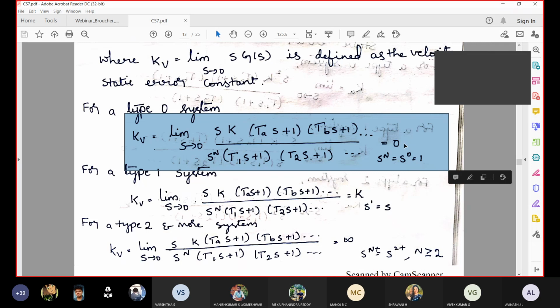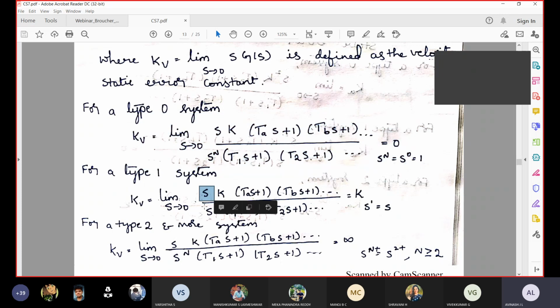Similarly, for a type 1 system, that is n equal to 1, capital N equal to 1, you need to replace. s to the power of 1 is s. So in the numerator also s is there, and in the denominator also s will come. So s by s gets cancelled.